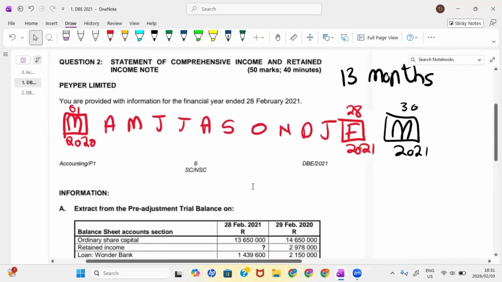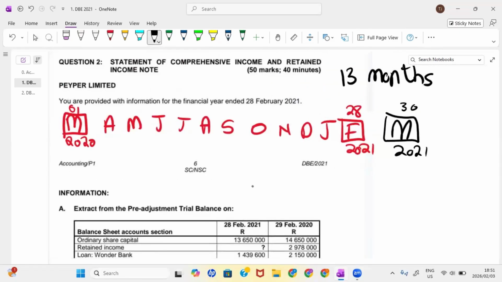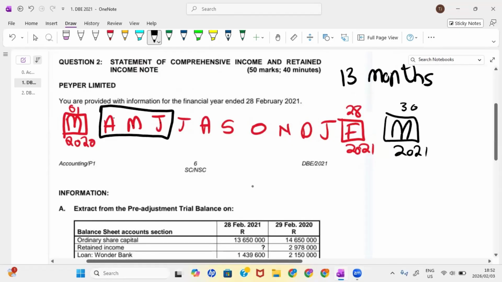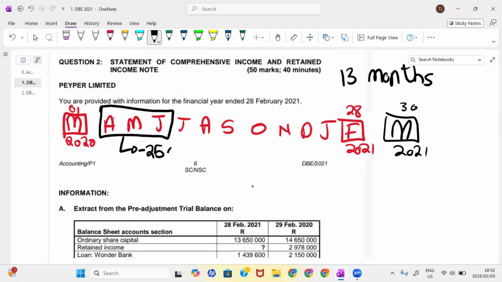So let's see here. We have April to June, right? That's the 3 months, April, May, and June. Within these 3 months, that's where we had a decrease of 25%.